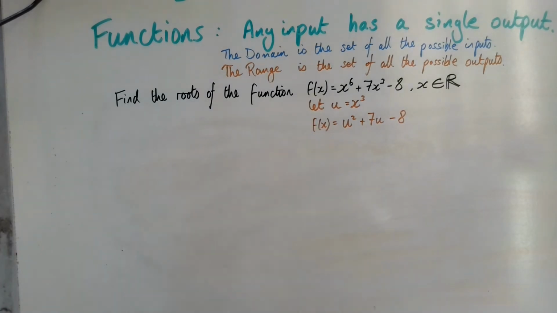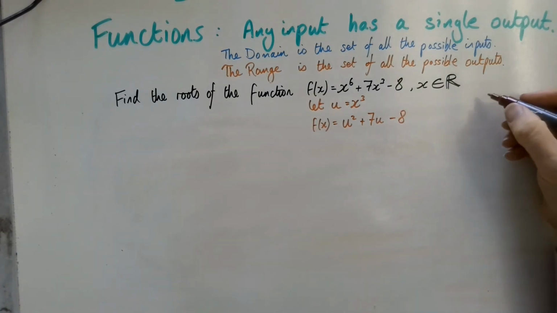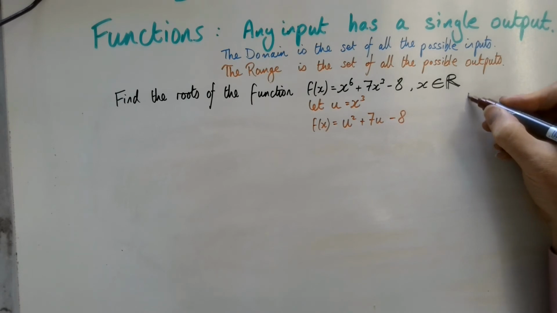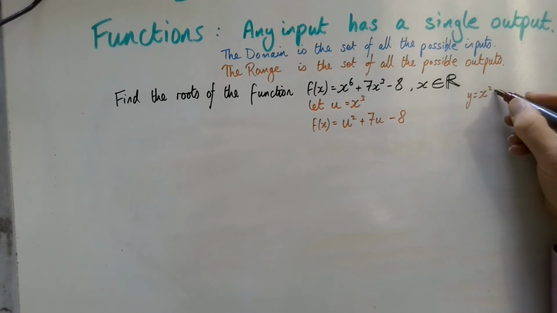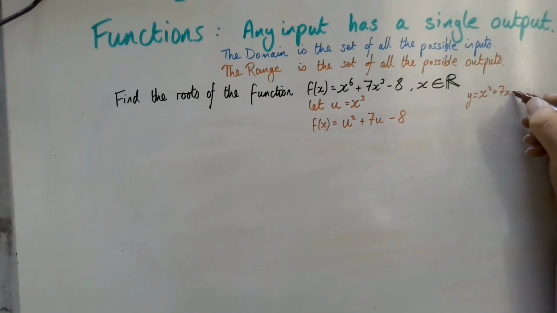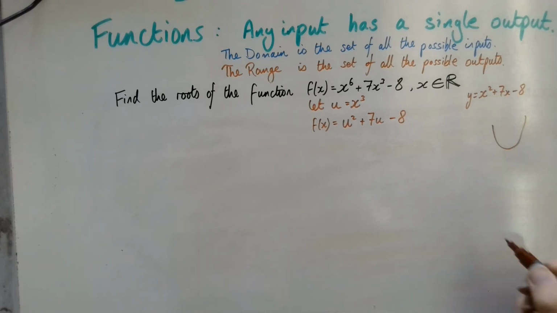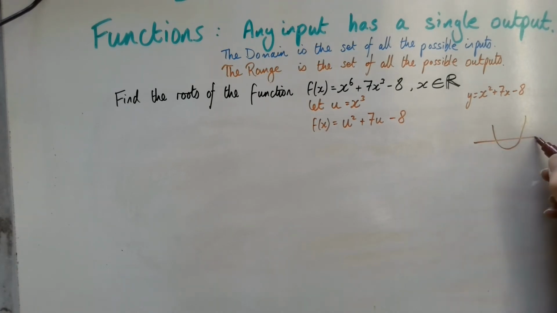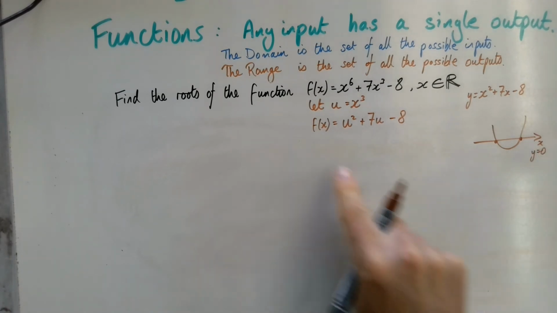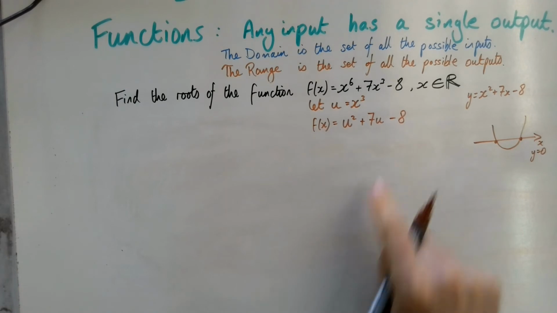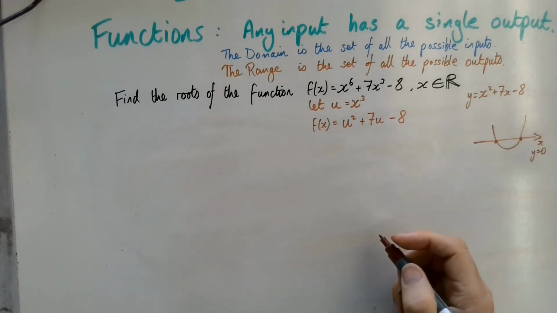And then when it says finding the roots of a function, if you had y equals x squared plus 7x take 8, we would know that that is a quadratic that's going to be crossing the x-axis twice, and the roots are the points where it does that. Now, because the x-axis is also known as the line y equals 0, all we need to do is make this equal to 0 and then solve it.